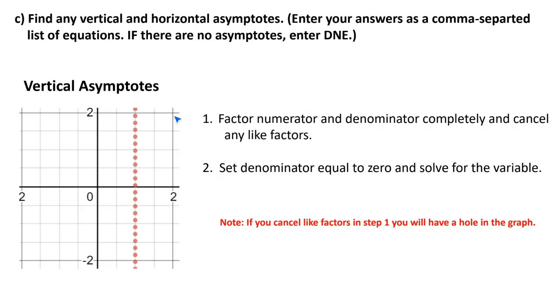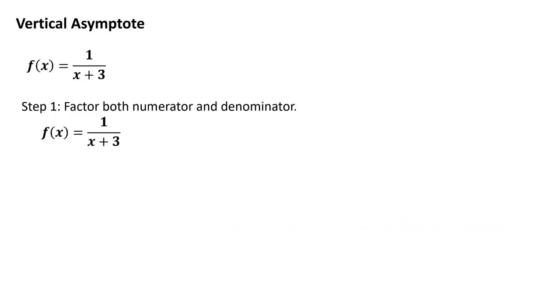So, vertical asymptotes and horizontal asymptotes, just a review really quick. The vertical asymptote is represented with a dotted line vertically. We can find it by factoring the numerator and denominator completely and canceling any like factors, and then setting the denominator equal to 0. If you happen to cancel a like factor, then we end up with a hole in the graph.